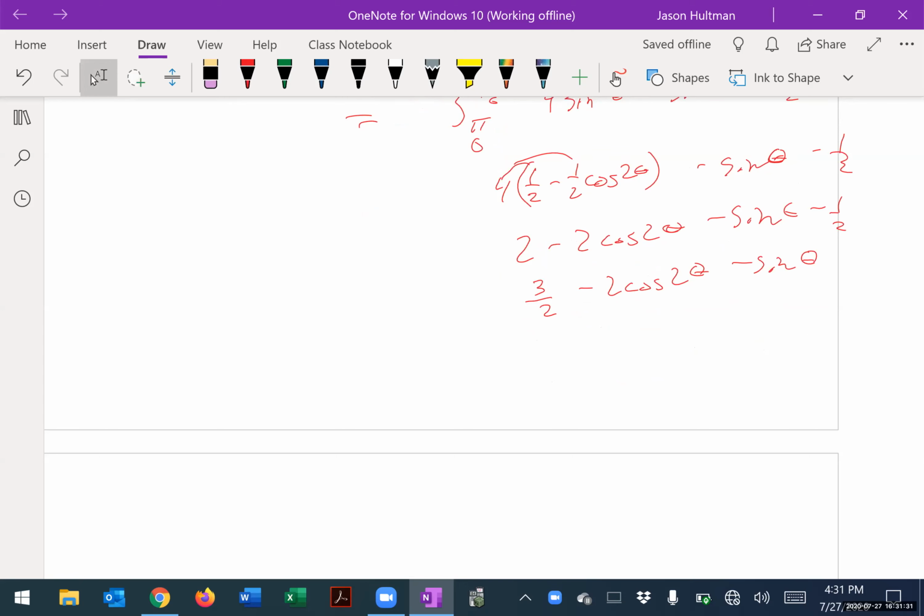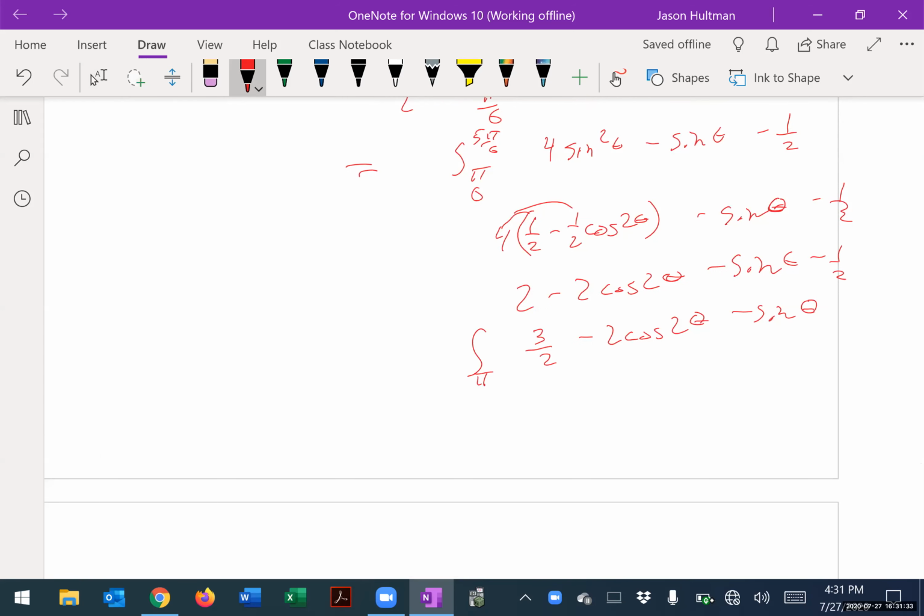Okay, and I could integrate each of these individually. I would do a u sub on this one, although if you remember, what is the outcome of doing a u sub here? What's the outcome of letting u equal 2 theta? Don't we end up just dividing by 2, right, for our du's?